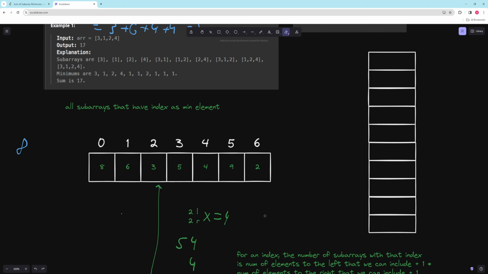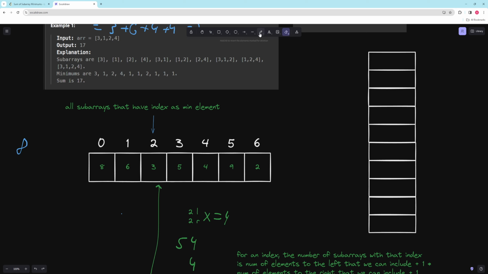So let's get rid of all this and show where we're at. We put 6 on the stack with its index, so 1, 6. Then we move to the next element. For 3, we do the same thing. We say 3 is less than 6, so we pop off 6.